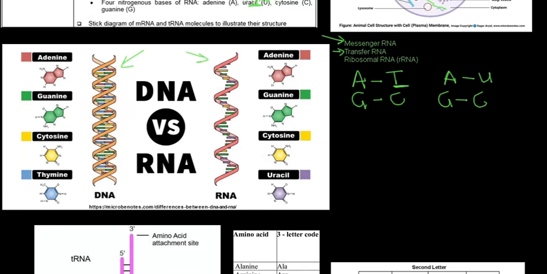So if we look at a DNA strand, let's say we've got adenine, guanine, cytosine, thymine. Let's make it a guanine. So this is a DNA strand, remember?